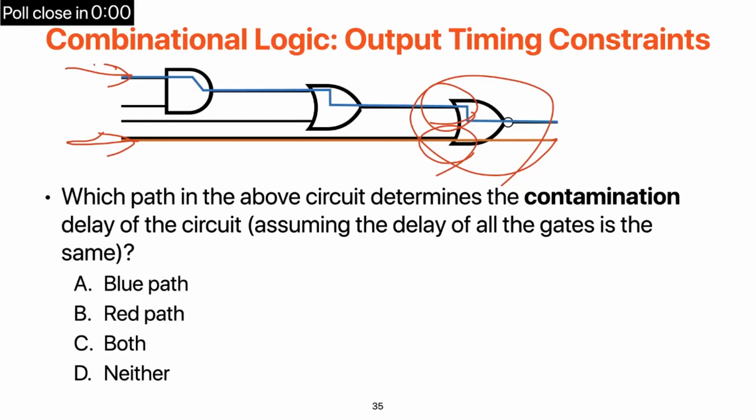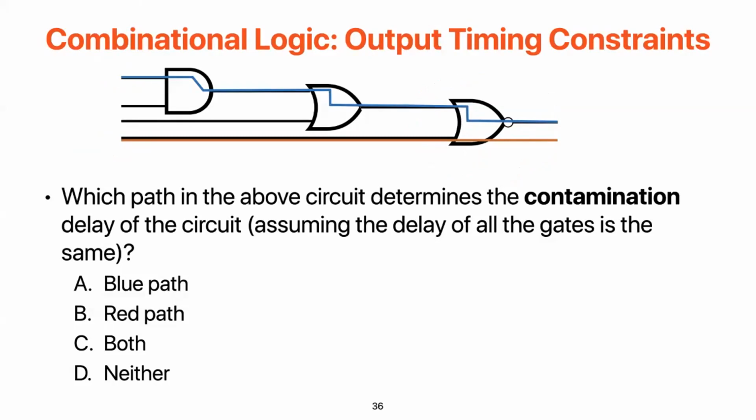So once you have one input that changes its value, the shortest path would already change your output value, no matter if it's correct or not. In the opposite, the propagation delay means when the output is going to be stabilized.